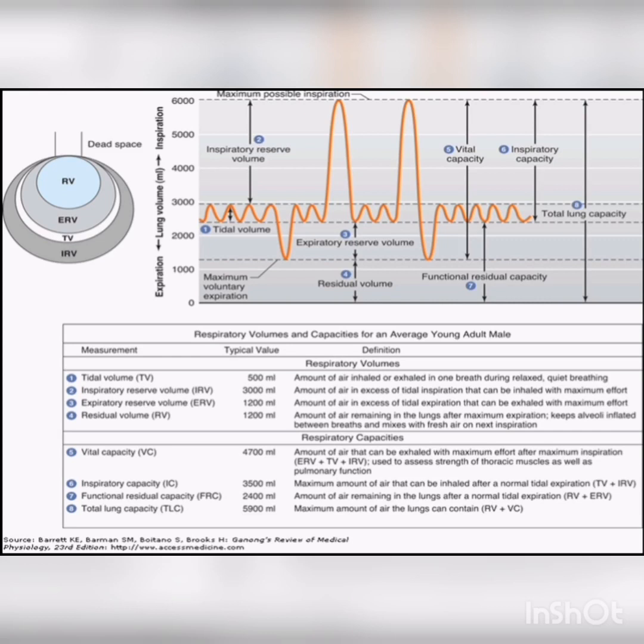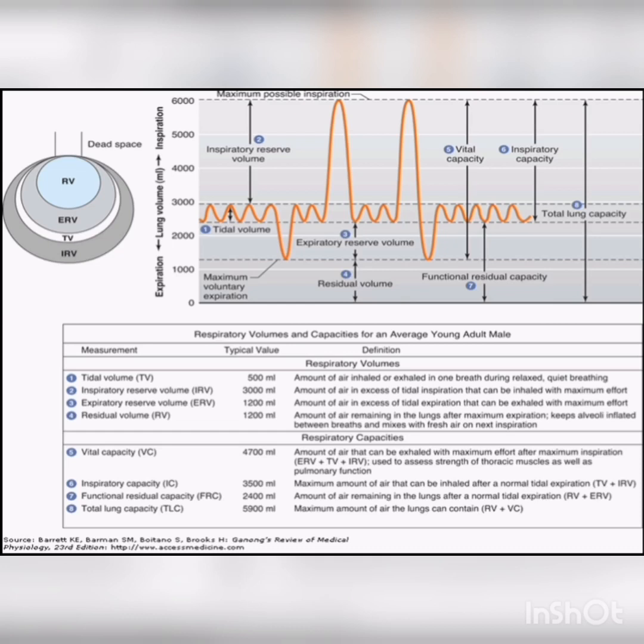Here is a diagram that shows further clarification of respiratory volumes and capacities ranges. For example, tidal volume, which is the amount of air inhaled or exhaled during normal breath or quiet breathing, amounts to 500 milliliters, about half a liter.